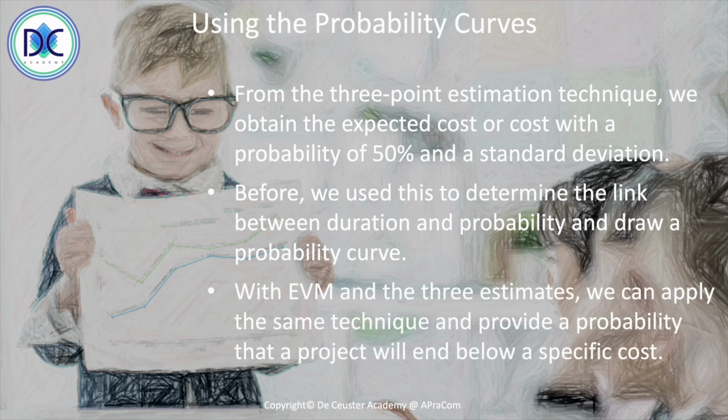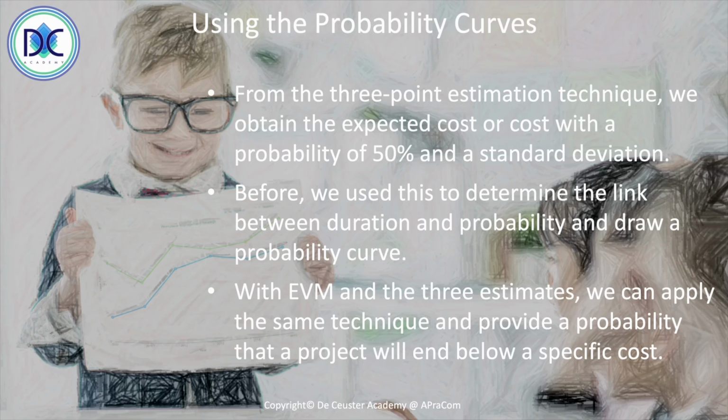When we have the three estimates, like I said, we're going to use the same technique as we did with the probability curve of the duration that we already did before in some other project, or that you may have seen in some other course.